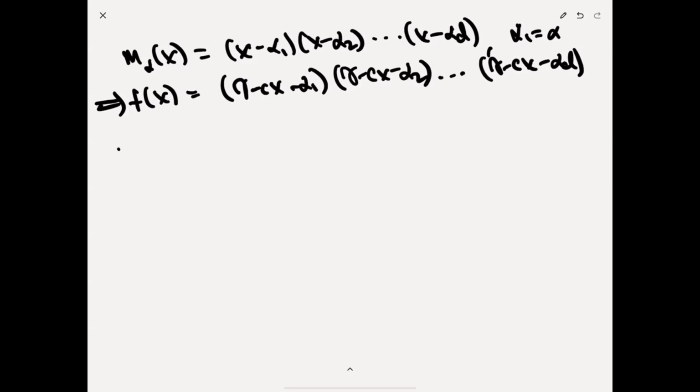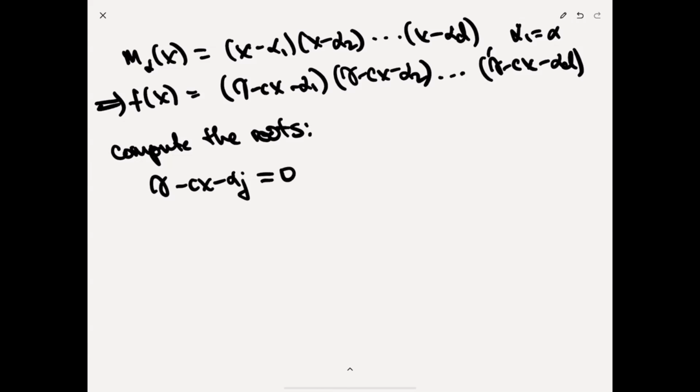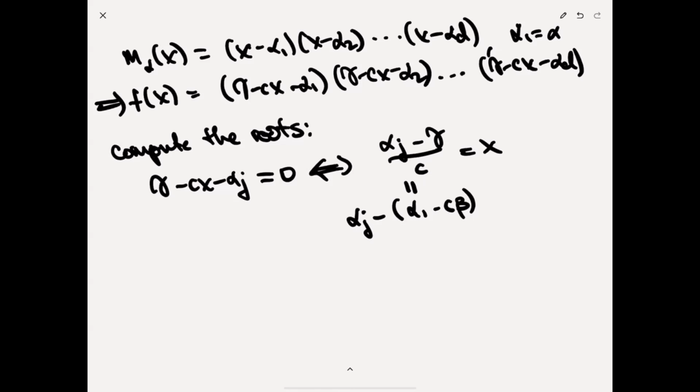So we compute what the roots are. One of these terms is 0 if and only if, supposing c is not equal to 0, x equals alpha j minus gamma divided by c. Now we can figure out what this is.